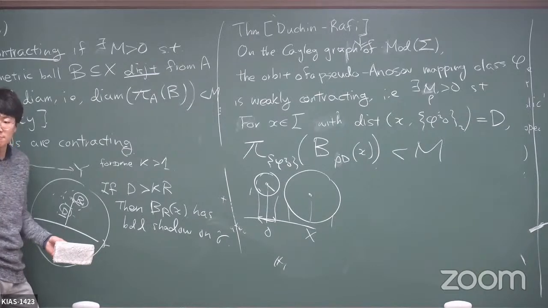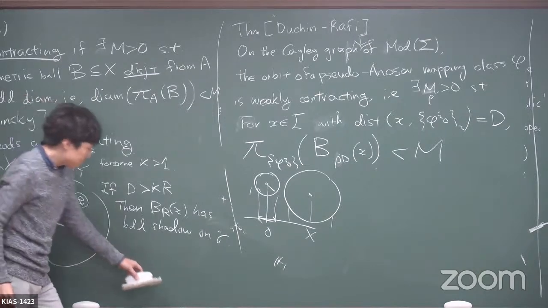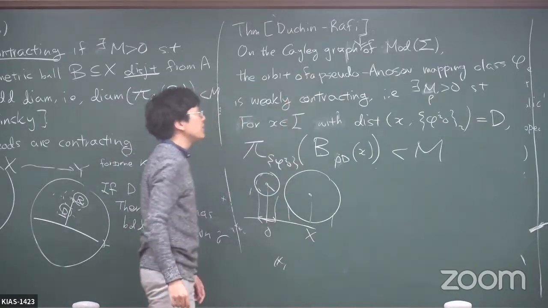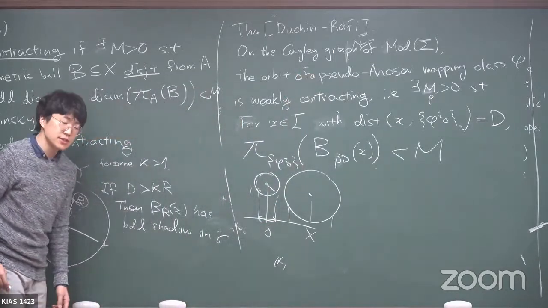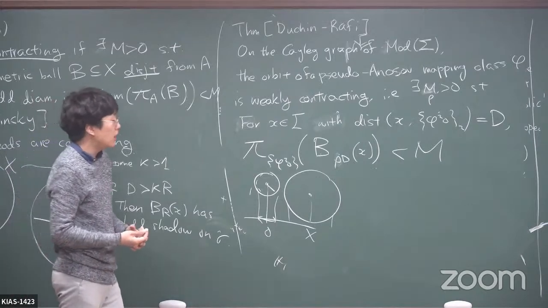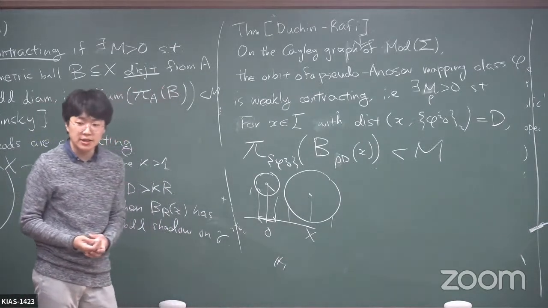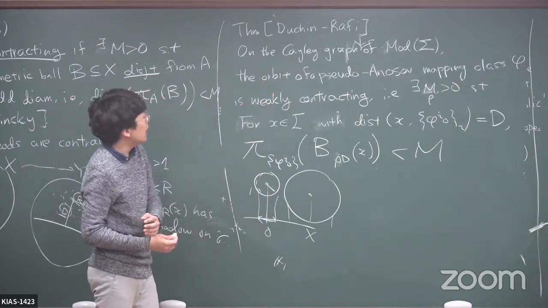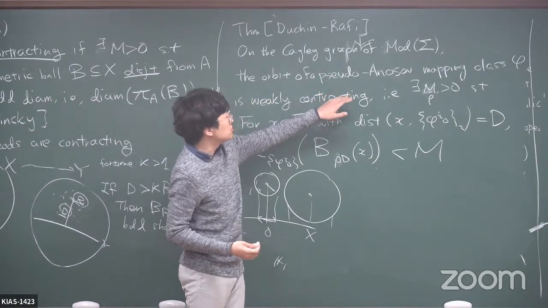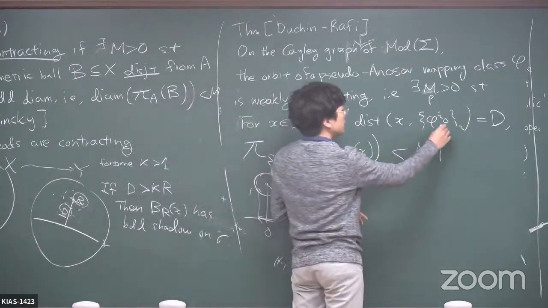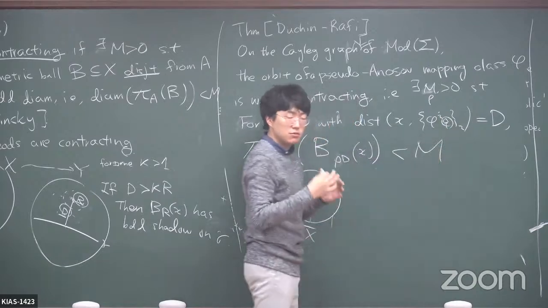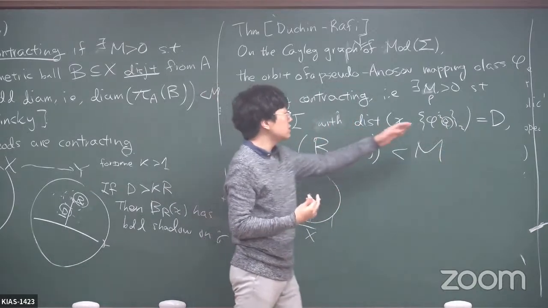What are the dependencies of M and rho on the parameters? Here, first, if you define a Cayley graph of the mapping class group, you first pick a finite generating set. So it definitely depends on the choice of generating set. This is an orbit of an arbitrary reference point, and it depends on this reference point.